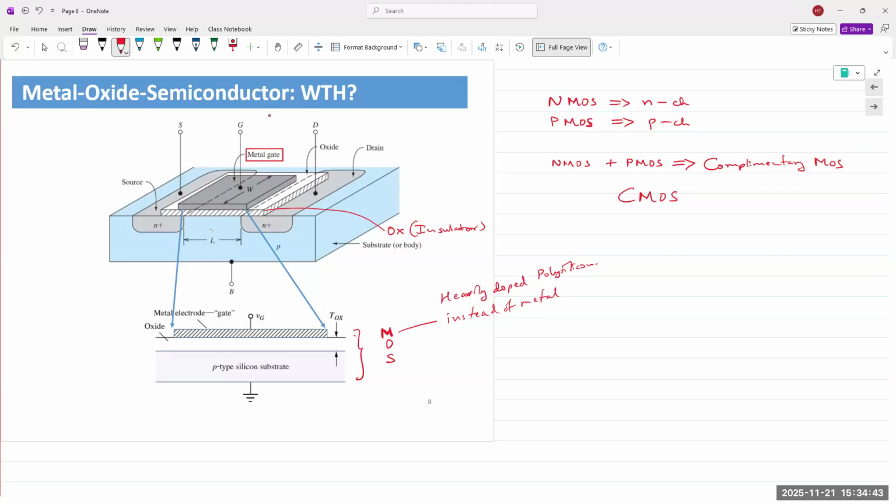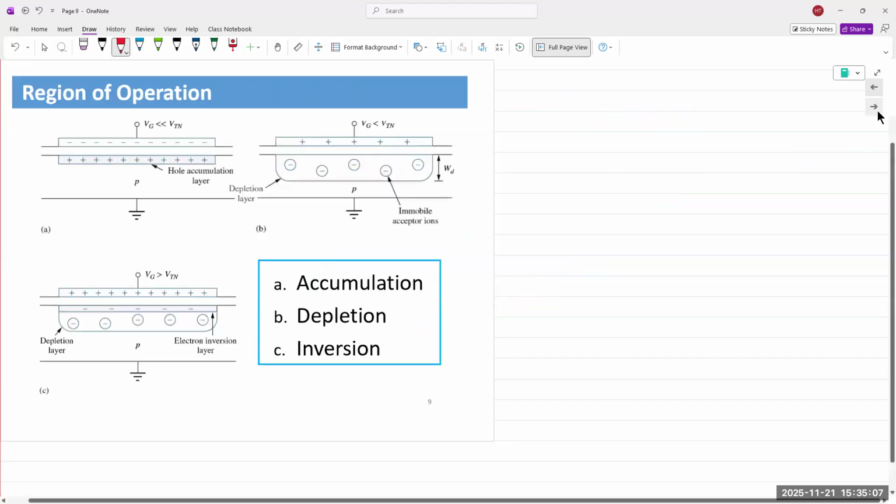Heavily doped polysilicon has near metallic-like properties, and hence is easier to work with. Metals typically would need high temperature processes, and so in modern MOSFETs, we don't use much metal, but heavily doped polysilicon.